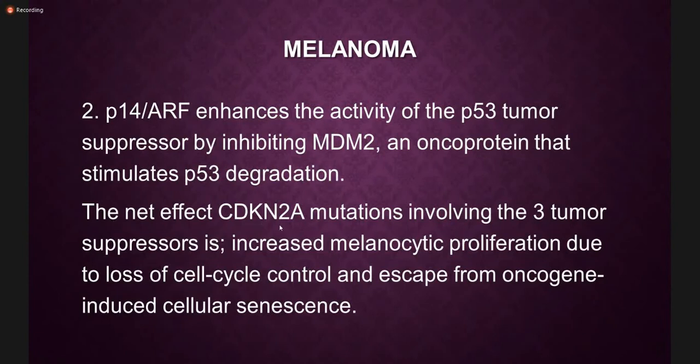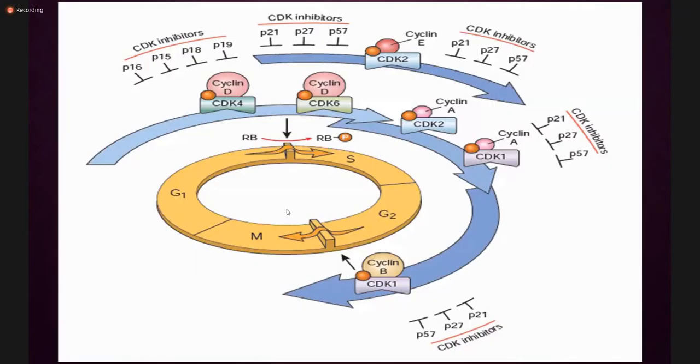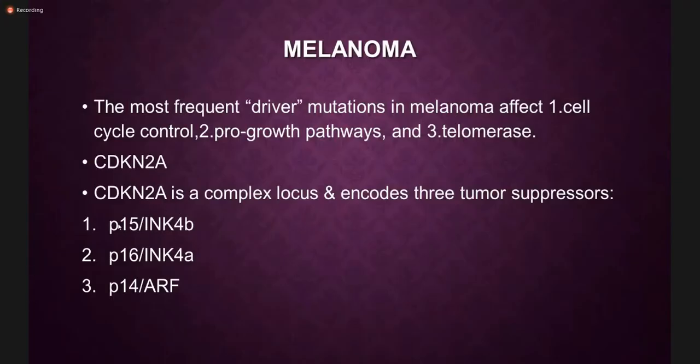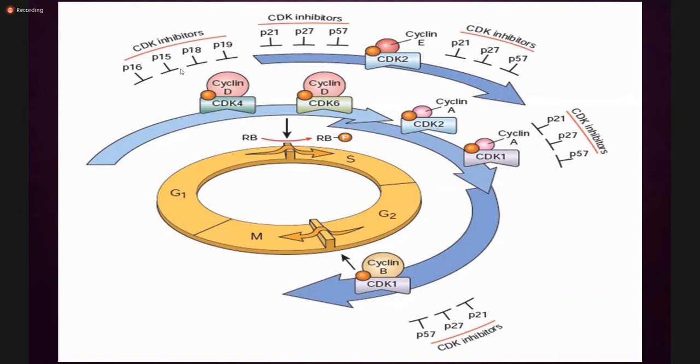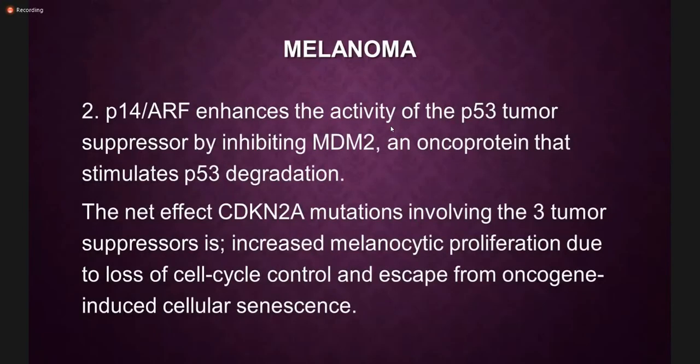So the net effect of CDKN2A: as you remember, CDKN2A encodes these 3 tumor suppressor genes, P15, P16, and P14. P15 and P16 are cyclin-dependent kinase inhibitors, inhibiting the cell progression from G1 to S, whereas P14 helps in the action of P53.